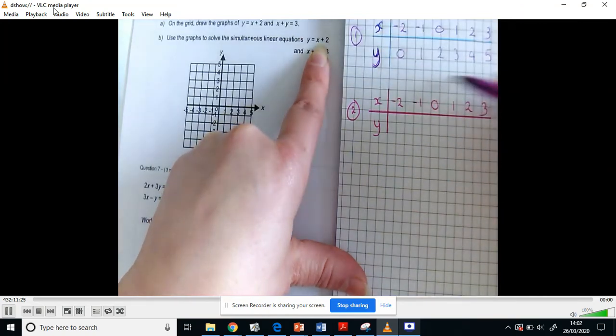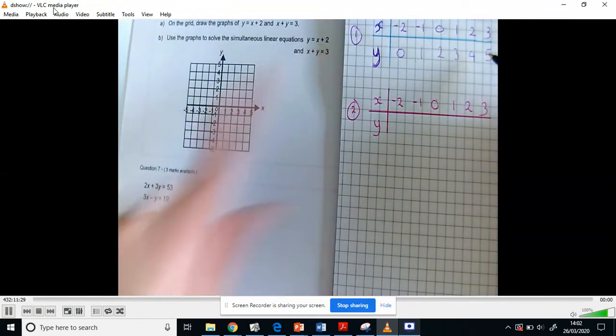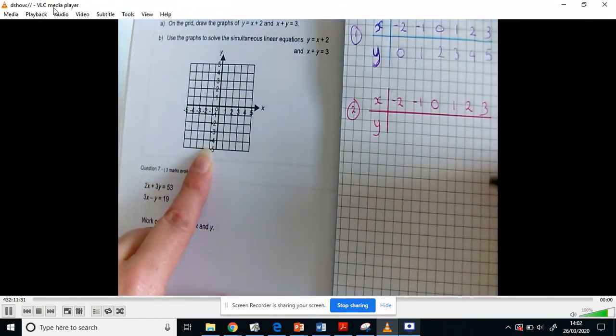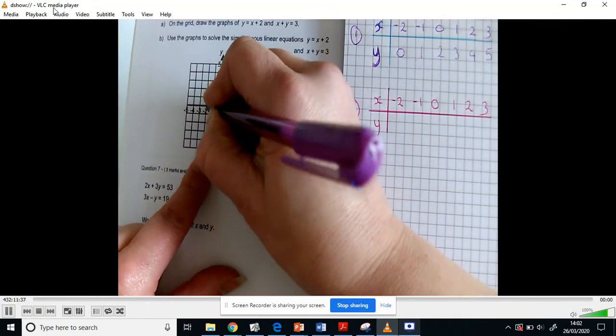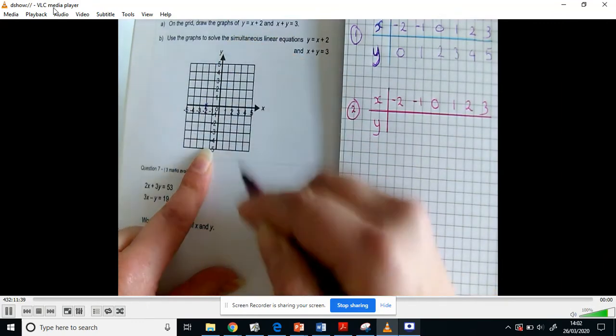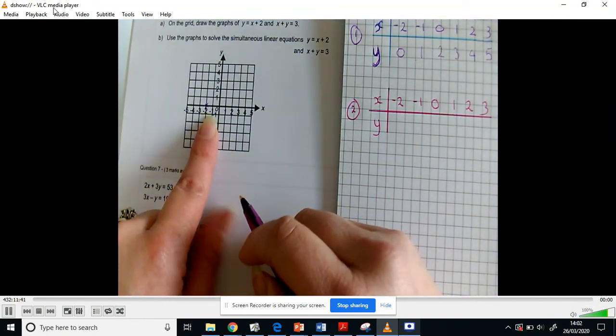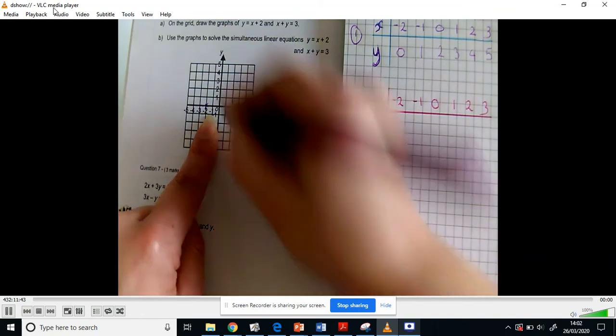Okay, so I've now got my values for my first line. I can come over here and I can now plot that line onto my graph. So -2, 0, so here. And then I'm going to look for -1 and 1.